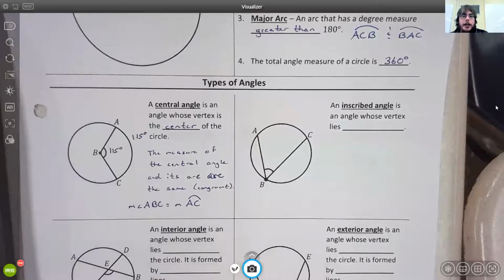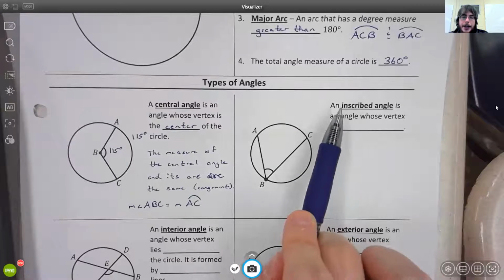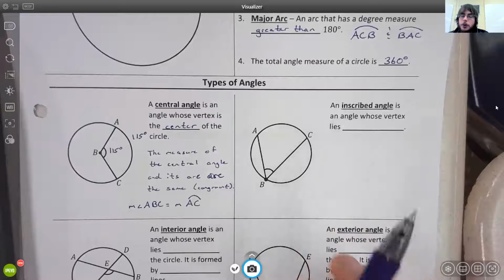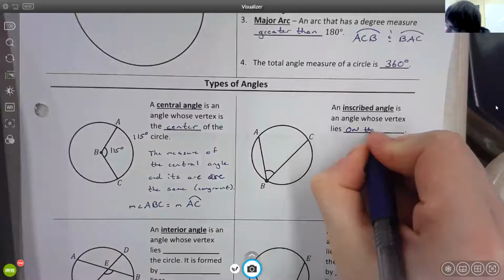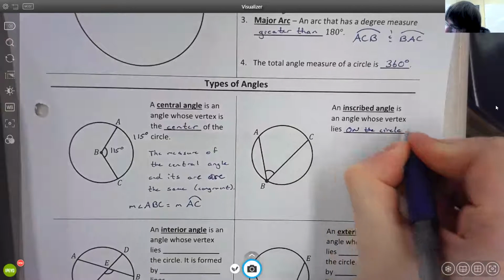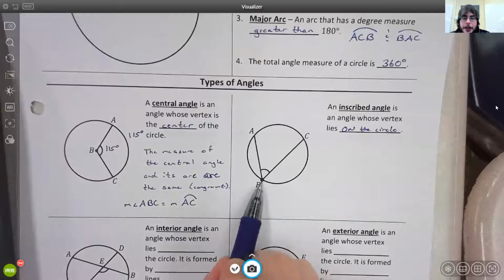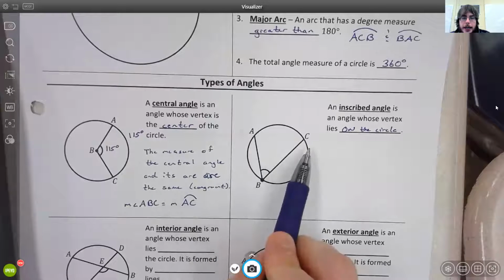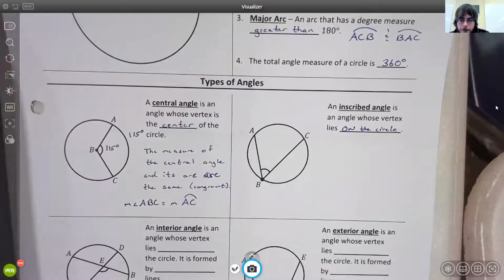Your next type of angle that we're going to look at is an inscribed angle. And an inscribed angle is an angle whose vertex lies on the circle. On the circle. Okay, so you can see the angle B here has a point that lies on the circle, so this would be an inscribed angle.